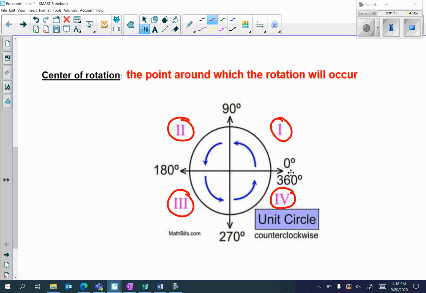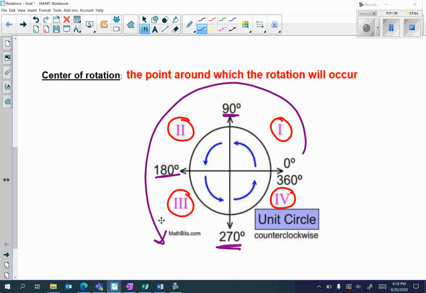In quadrant 1, I go from 0 degrees to 90, then 90 to 180, 180 to 270, and then 360, I'm back at 0 degrees. Remember, when we do this, we're going counterclockwise, the opposite of a clock. Each quadrant we rotate is 90 degrees.